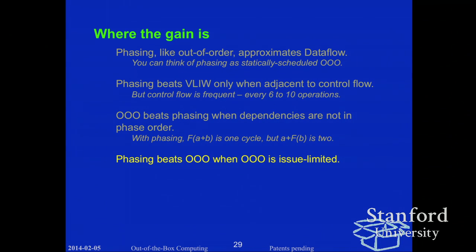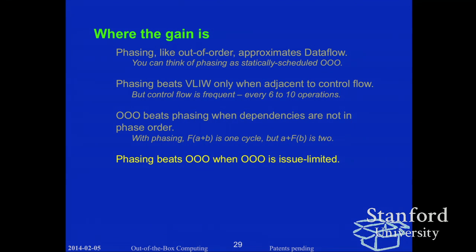Phasing beats out of order when the out of order machine is issue limited. The Mill is very, very wide, and out-of-order machines are hitting hardware limits which preclude having issue widths of more than about 8. Haswell, I think, is 8, for example.